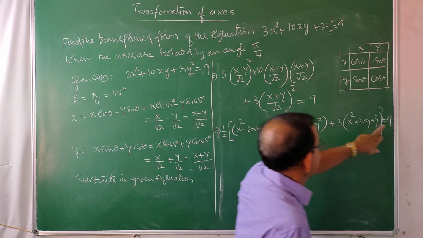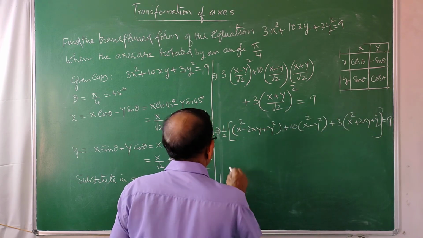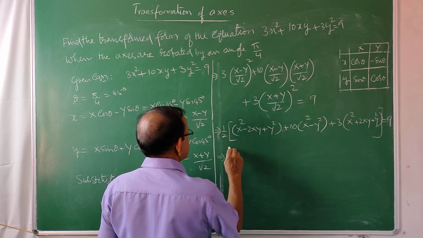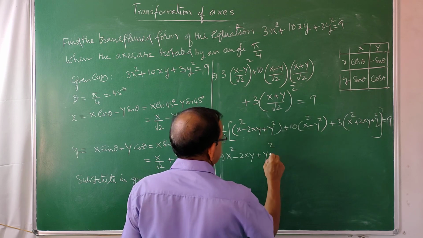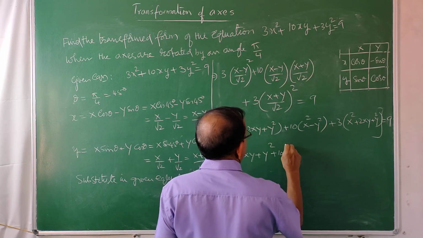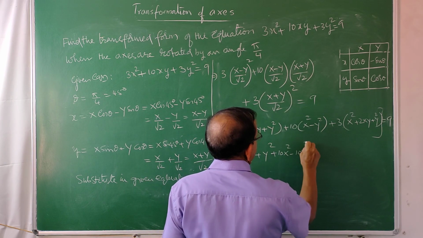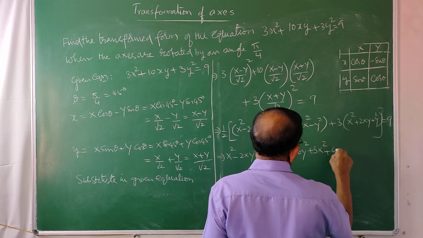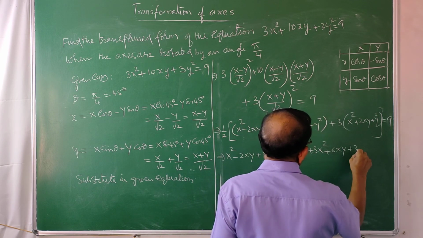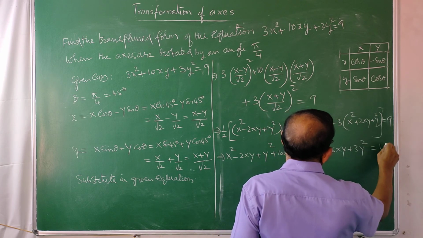2 into 9 will become 18 on the right side. That implies X² − 2XY + Y² + 10X² − 10Y² + 3X² + 6XY + 3Y² is equal to 18.